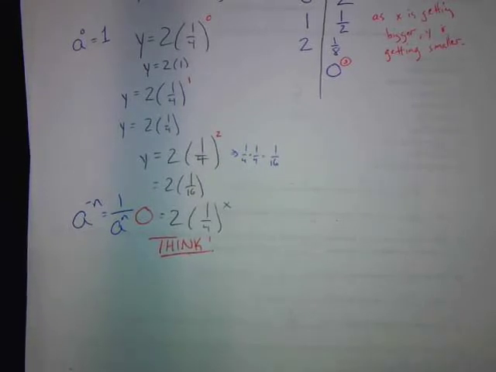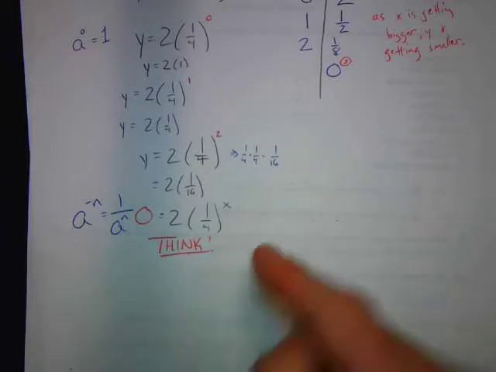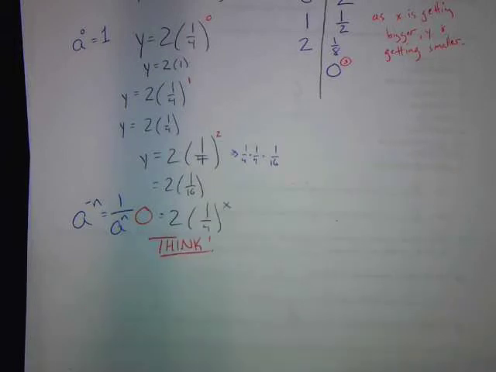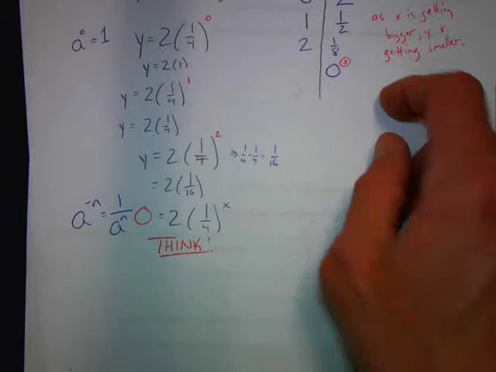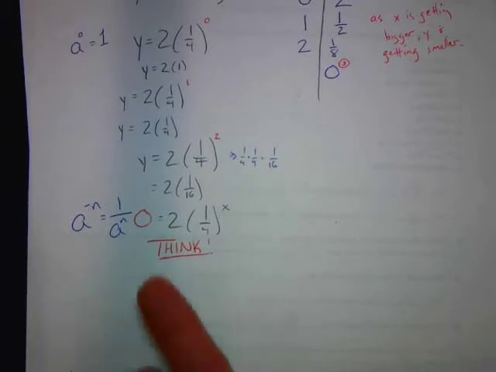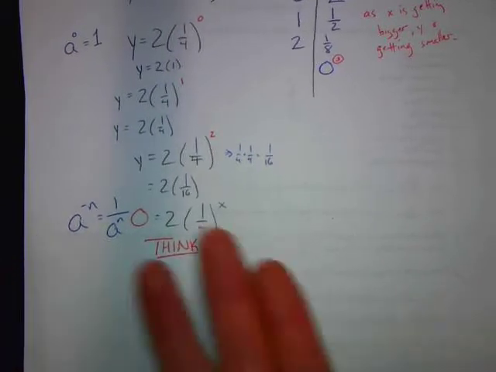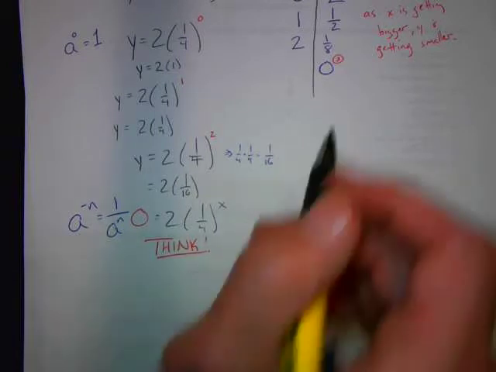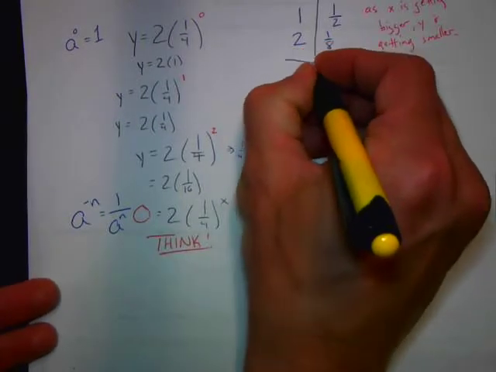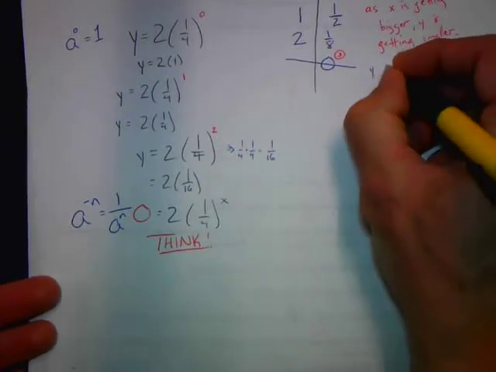The more we play around with options, there is no way that we could plug in anything for x and it would be 0, because if we plug in a positive number for x, it's getting smaller and smaller and smaller. And if we plug in a negative number for x, it's not going to be negative; it's going to remain positive. So could y be 0 at all? You realize, no, it's impossible. y can't be 0.